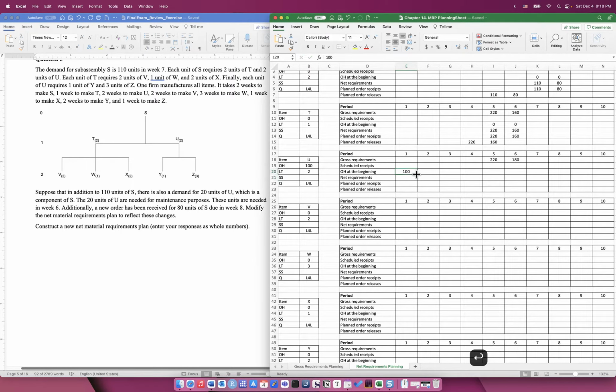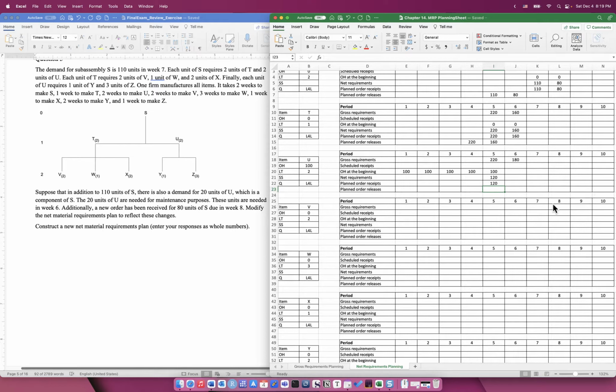You carry that 100 all the way until week 4, and you start thinking about whether this is going to change in week 5. Again, at the beginning you still have 100 units, so your net requirement is the difference between the demand and availability. So it's going to be 120. All right, so you need to receive 120 here.